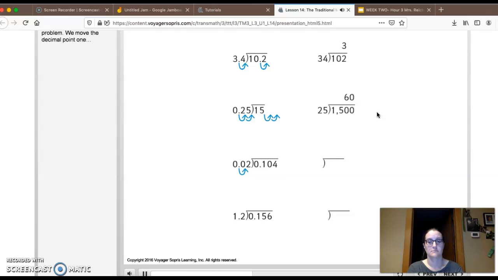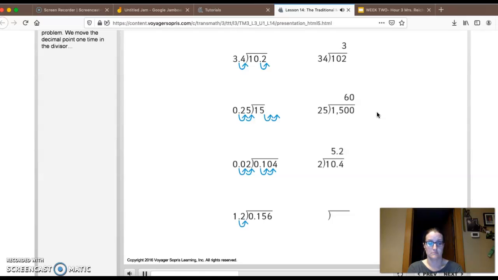Let's look at the third problem. We move the decimal point 1, 2 places in the divisor, and get the whole number 2. We also move the decimal point in the dividend 1, 2 places. We now have 10 and 4/10. We divide to get the quotient 5 and 2/10.